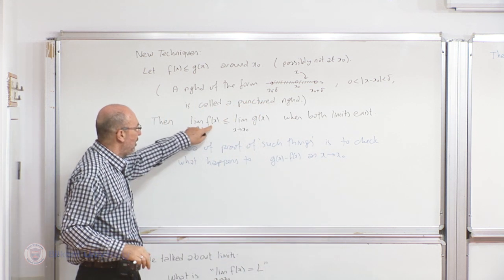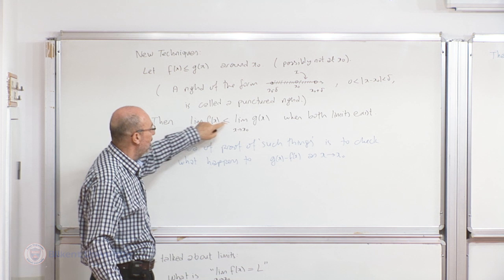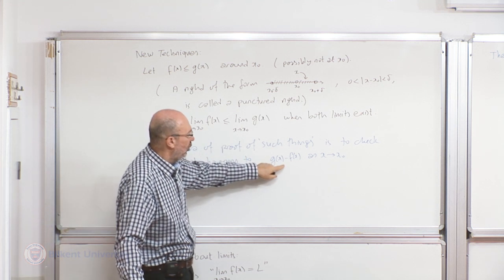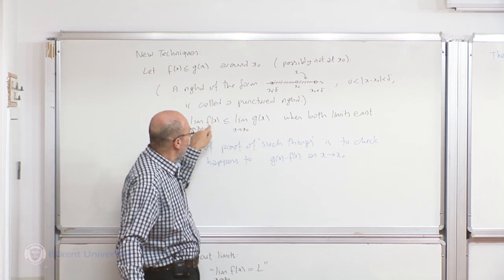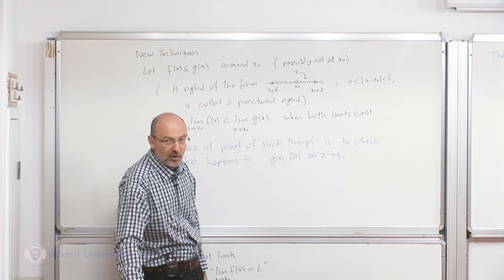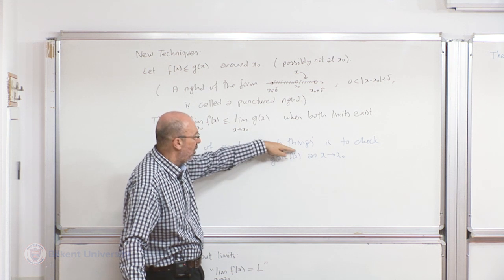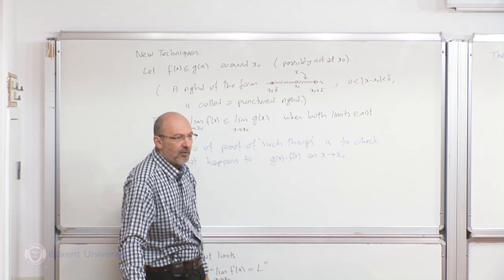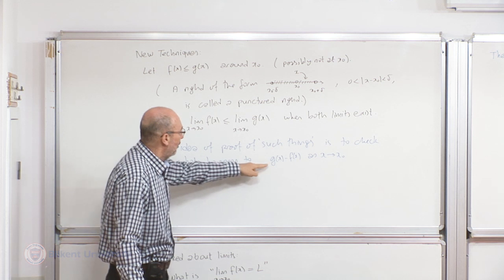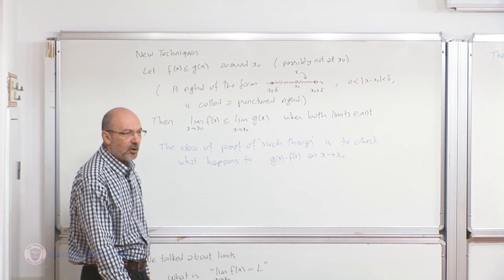Sometimes, for example, we want to show in the exercises that the limit of this is equal to the limit of this. It's not easy to work it like this. But you look at the difference. If this limit is going to be equal to this limit, then you want to show that the difference goes to 0. To show that the difference is 0 is much easier than working with these things, because you take the absolute value of this and you check if it is smaller than anything you can think of. So in this case, we want to show that the limit of this is never going to be negative. The limit of this is going to be positive or 0.